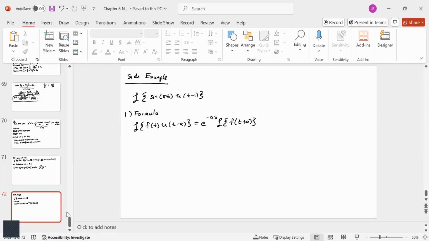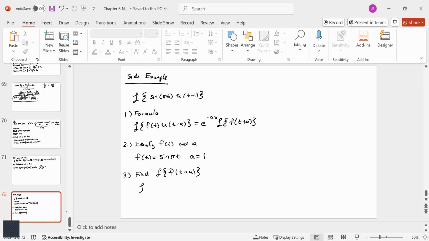So then step 2 is to identify f of t and a. So f of t is equal to sine of pi t, and then a is equal to 1. Step 3 is to find the Laplace transformation of f of t plus a.